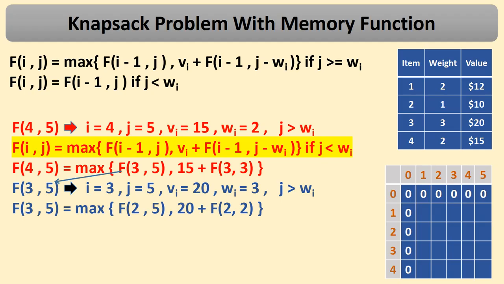So that means I have to use the first formula. So here the first formula is maximum of f of i minus 1. I have highlighted the formula. Now you have to substitute the value of i and j there.